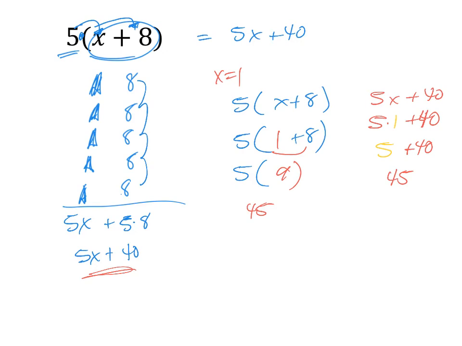And we could see that when x equals 1, for each one of these expressions, they both come out to be 45, which means these two expressions must be equivalent.